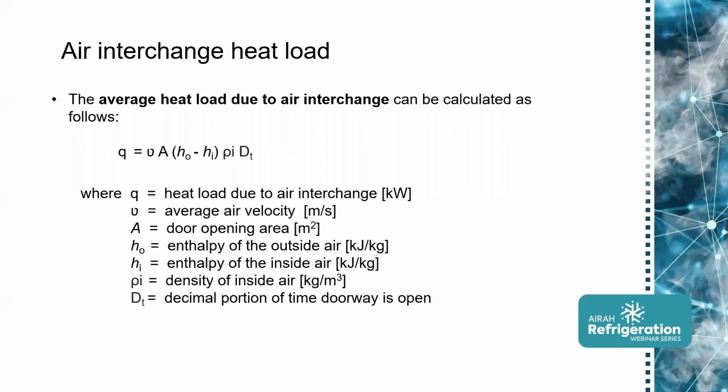HO is the enthalpy of the outside air, and HI, the enthalpy of the inside air. Previously, HO was the surface conductance. Unfortunately, we use the same symbol. And rho I being the density of the inside air, and uppercase DT being the decimal portion of the time the door is open. Next slide, please, Marie.